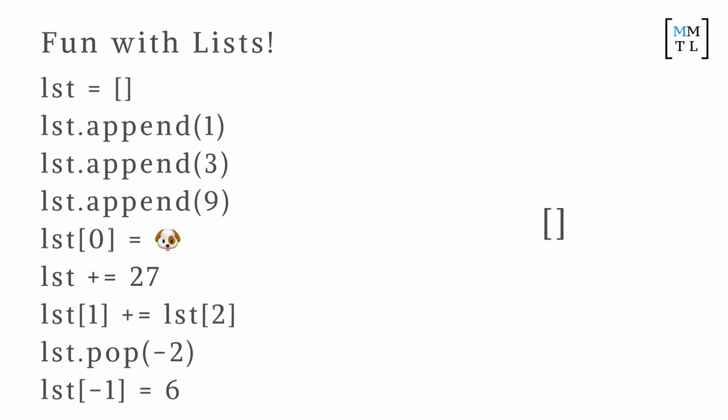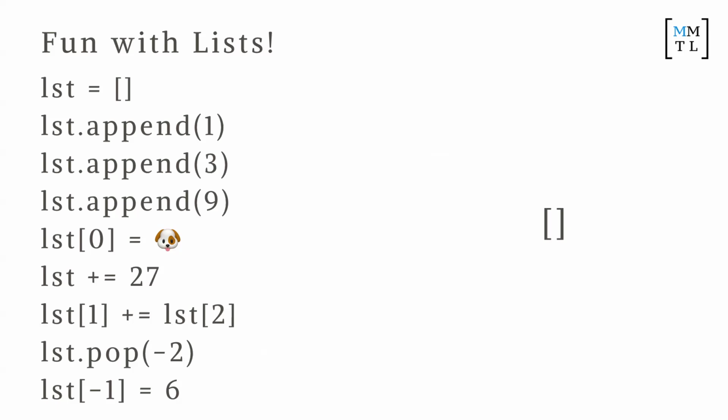Okay, so hopefully you've had a chance to give it a try. Let's go through what this looks like. This is my first time using this, so getting used to it. We start off with an empty list. And then we append 1, and then 3, and then 9.